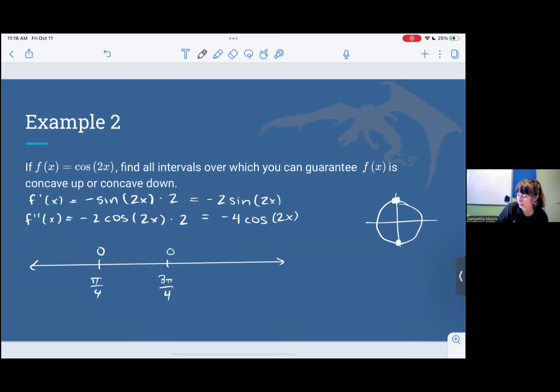Then I'm going to wrap back around. I thought about that as pi over 2 at first, and now I'm going to think about that as pi over 2 plus 2 pi, so 5 pi over 2. When I plug in 5 pi over 2 to cosine, I would get 0. So this equaling 5 pi over 2 would mean that I'm looking at x value being 5 pi over 4.